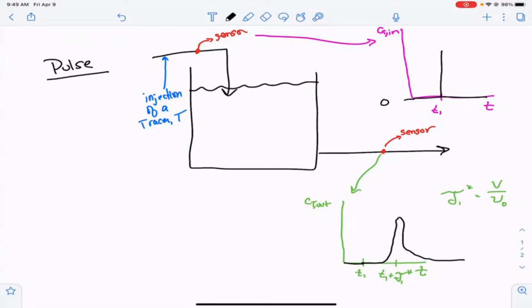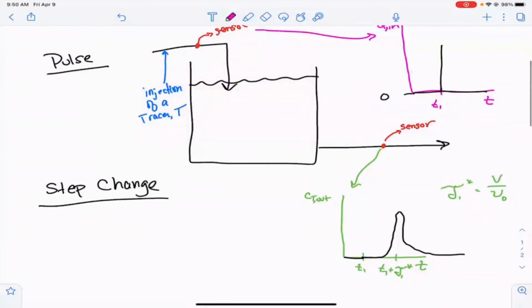Now, what about flow? Well, we could think about this if instead of pulsing, what I mean by flow, maybe flow is a very bad way to say this, but how about a step change in the concentration? That's probably a much better way to think about this. In chemistry, we talk a lot about a step change.